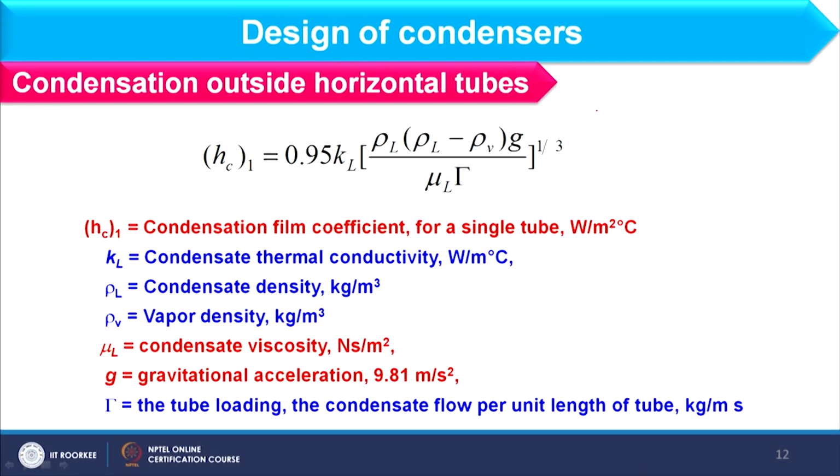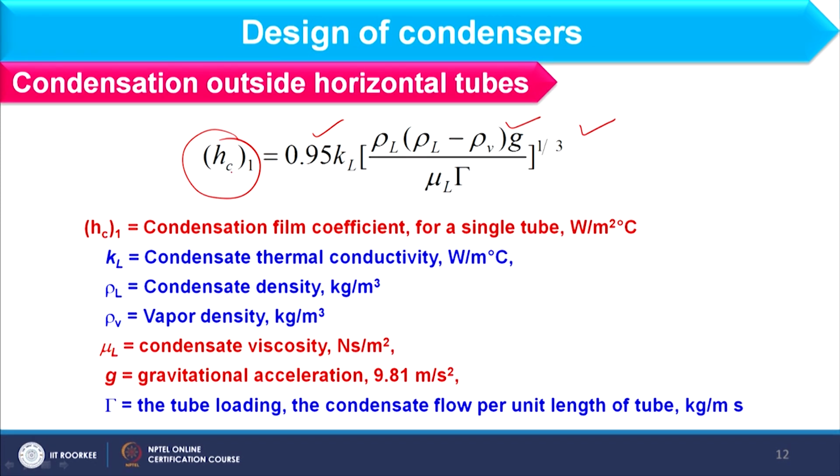So, if you see for this case we have an empirical correlation given by Nusselt, and this is represented by hc1, which is equal to 0.95 kL, and the complete expression is shown over here. Okay. So, let me first focus on these parameters and then we will discuss this in detail. Okay.